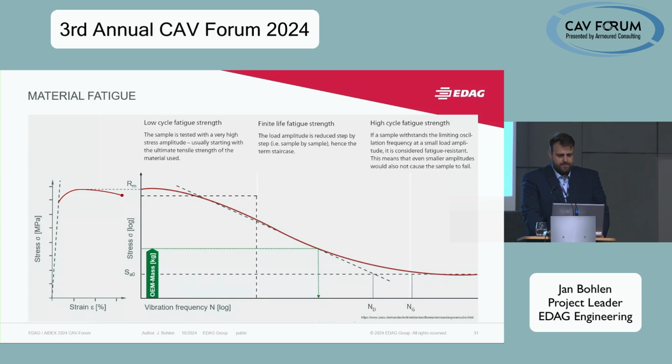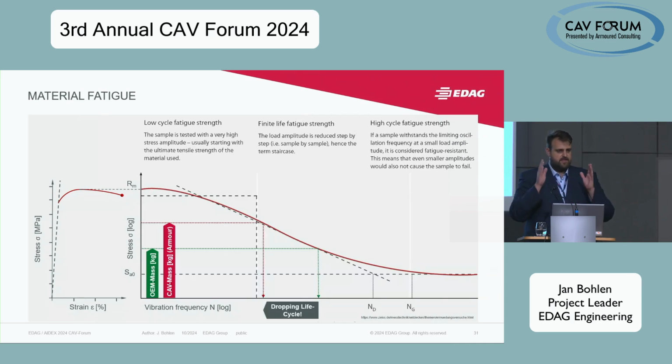Let me make a little example on this. You have the mass of your vehicle, the OEM vehicle, and this mass leads to a certain amount of stresses and forces all over your vehicle. And with this amount of forces and loads, stresses, it is able to withstand a certain number of loading cycles, maybe 200,000 kilometers or something like this.